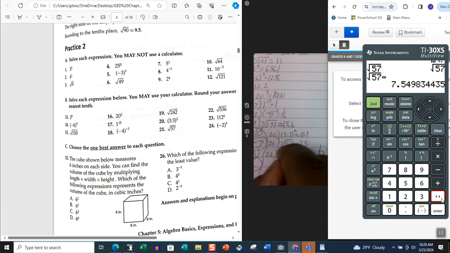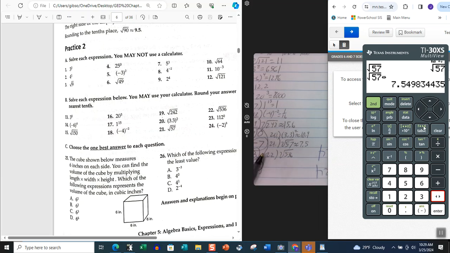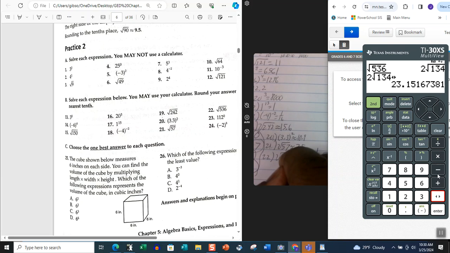Square root of 536. Clear this out. We'll press second, square root key, 536. Press enter. You see that we have 2 times the square root of 134. We hit the toggle button, and we'll still round to 1 decimal place. So this will be approximately 23.2.